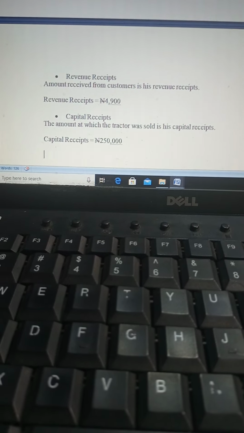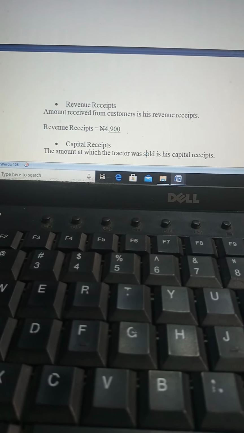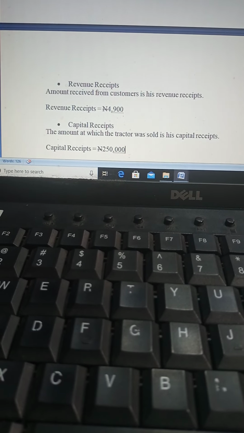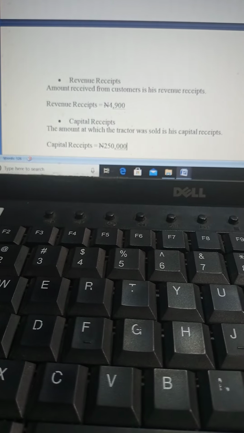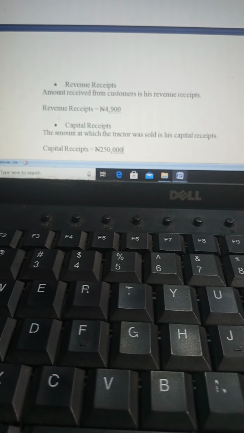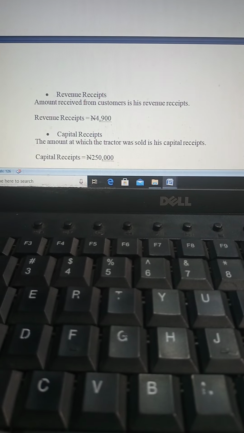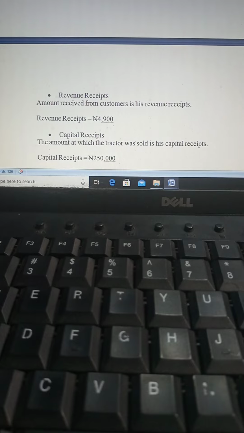Revenue receipts. The amount received from customers is Mr. Femi's revenue receipt. So the revenue receipt is 4,900 naira.